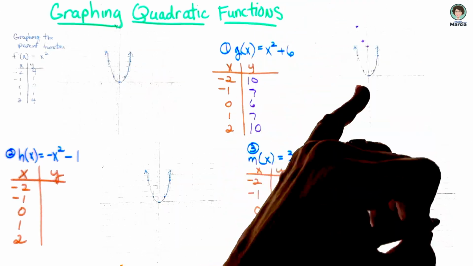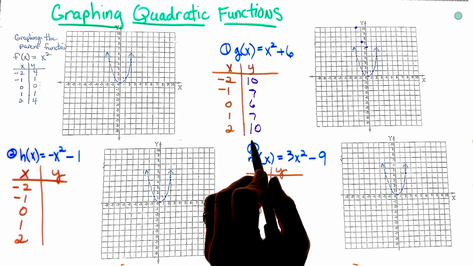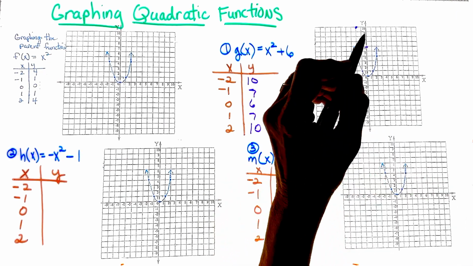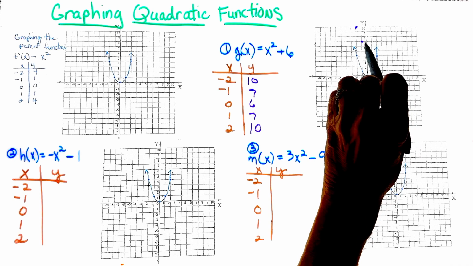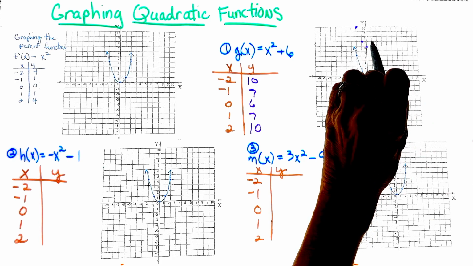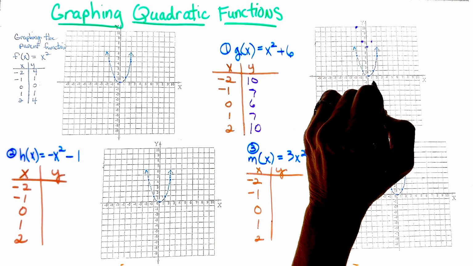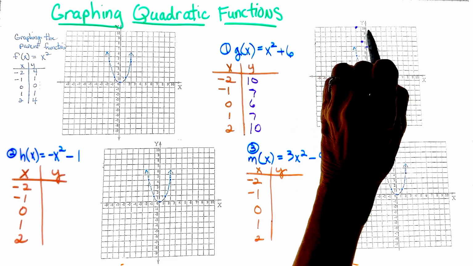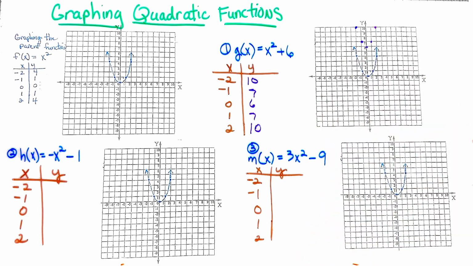There's our vertex for our parabola. These are called parabolas. If x is 1, y is 7. This point is just 1 away from what is called our axis of symmetry. And then x is 2, we're 2 away, and there you go.